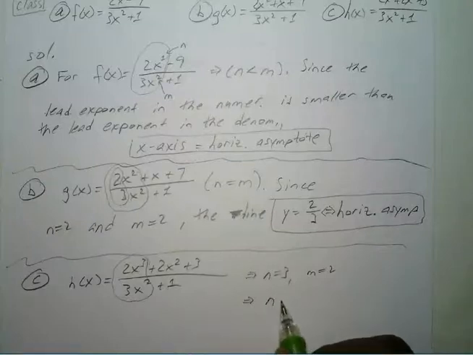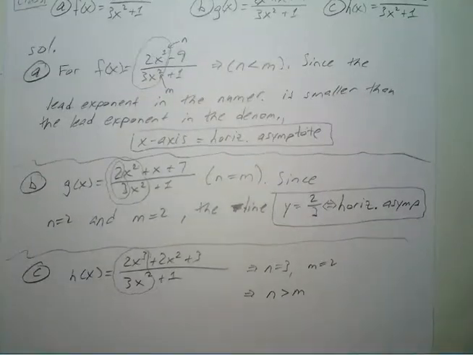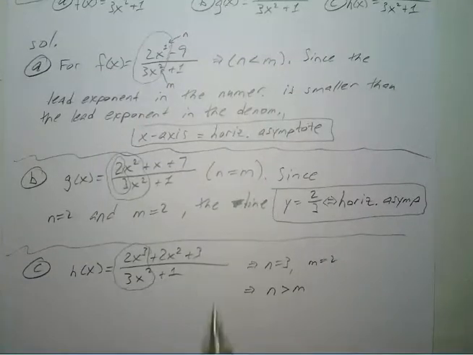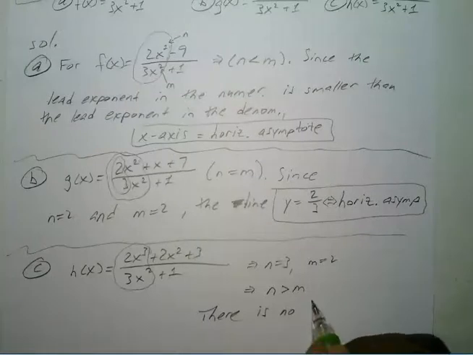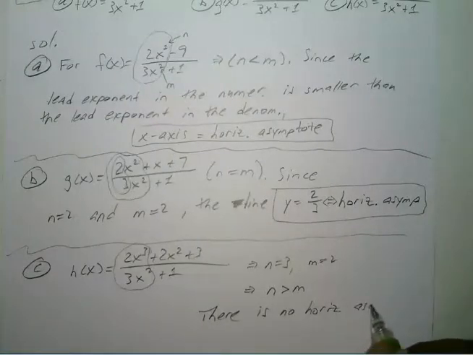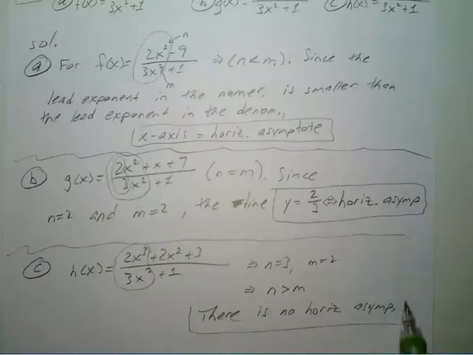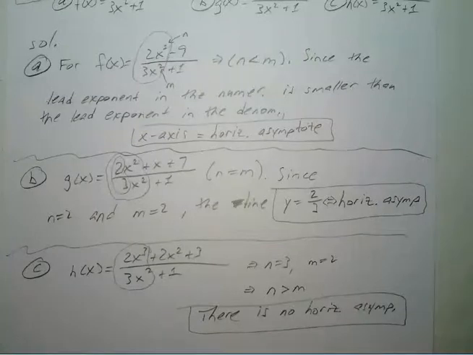So that means that n is greater than m. Okay, so that means there is no horizontal asymptote. Okay, so it's pretty straightforward stuff and really, really helpful for answering certain questions.